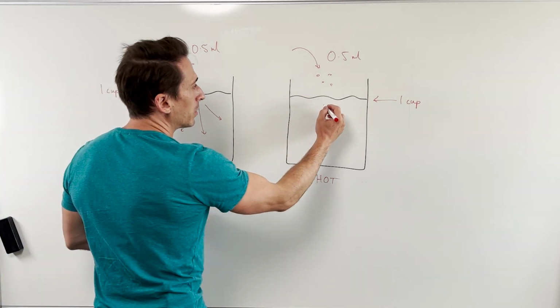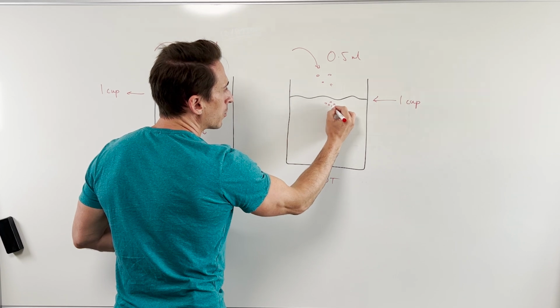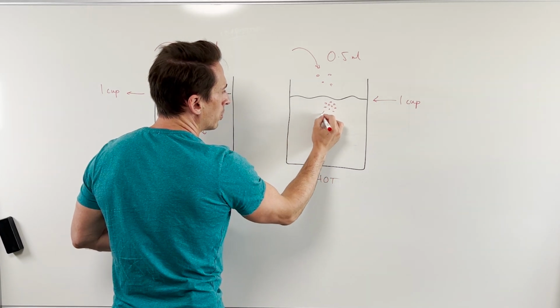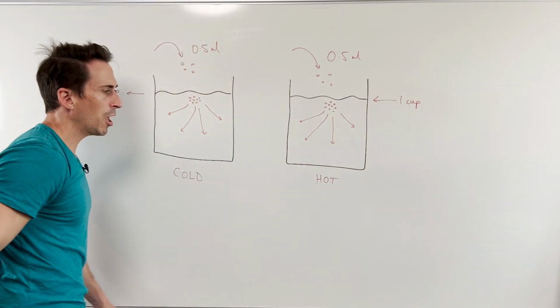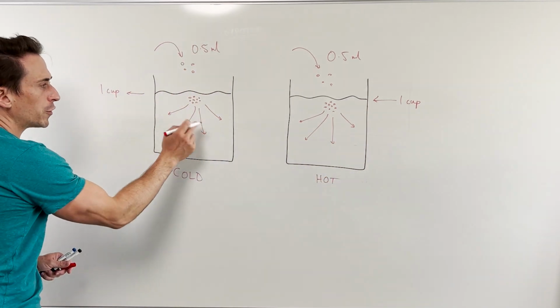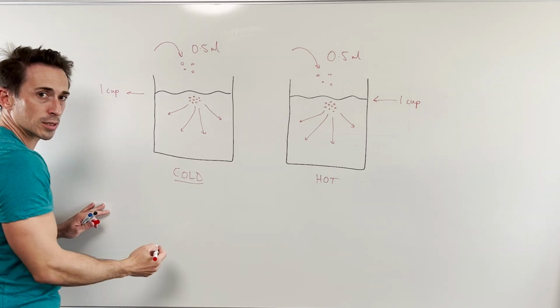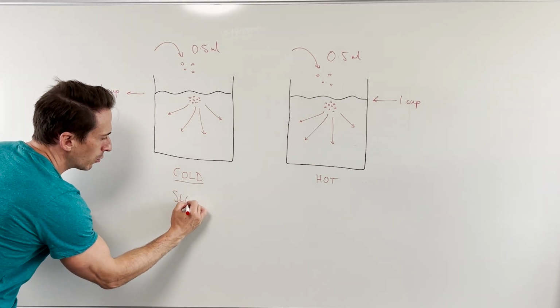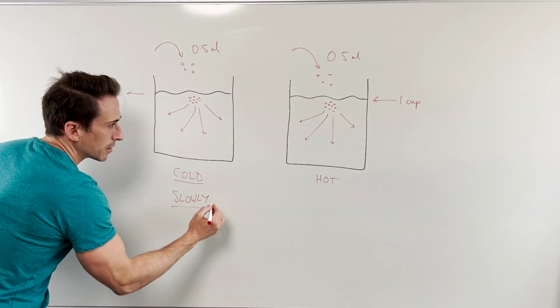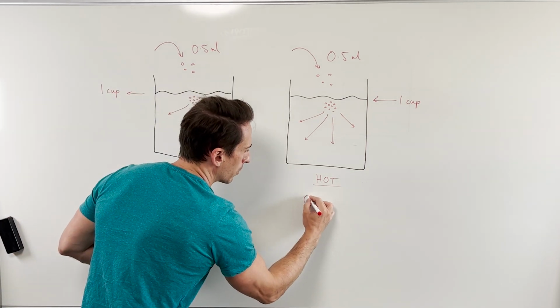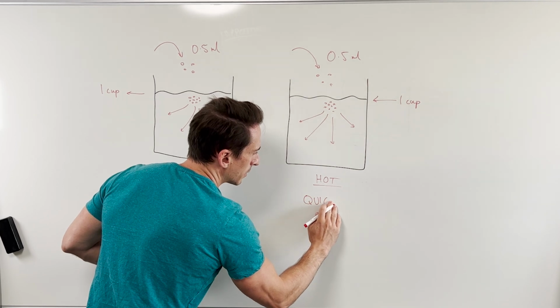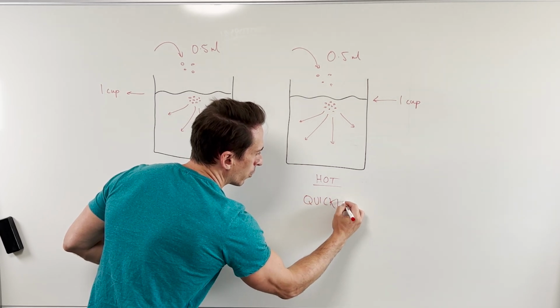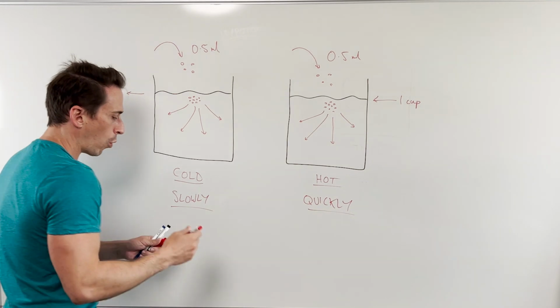The same thing happened here. It happens all the time when you put a tea bag in water, for example. But what we saw was diffusion in the cold scenario happened more slowly than the diffusion in the hot water. This happened more quickly. And so the question is, why?